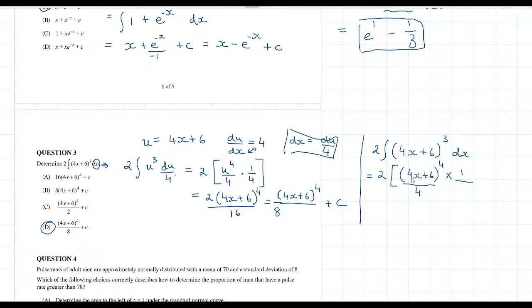The derivative of 4x plus 6 is just 4. So that becomes 2 over 4 times 4, which is 16 again, times 4x plus 6 to the power of 4, plus c, which also just becomes 1/8. So there are 2 ways you can do this.